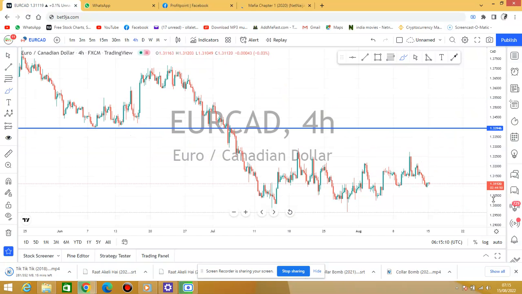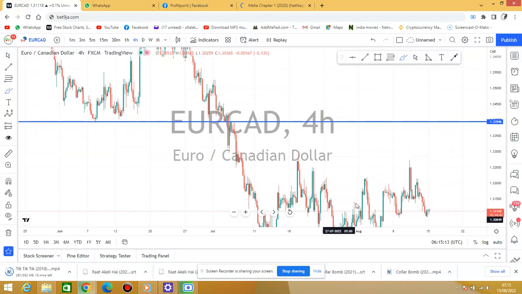Now on EURCAD, I'm expecting price to go to this level, but before price can go to that level, I'll see something again on this level.